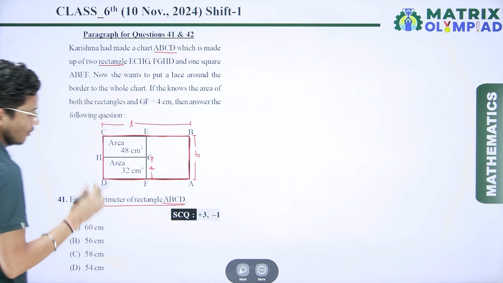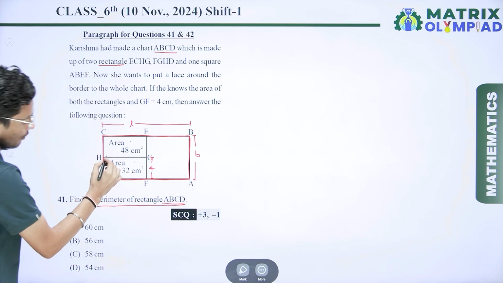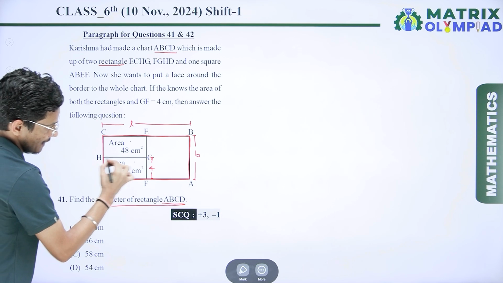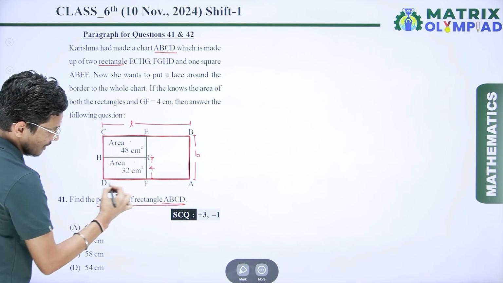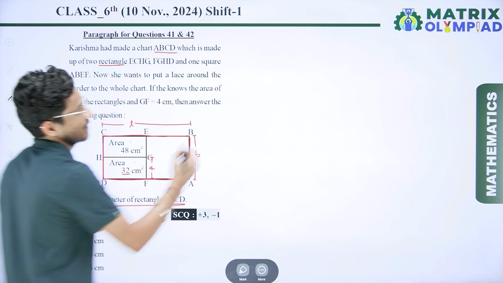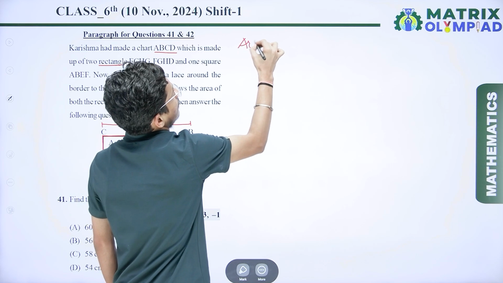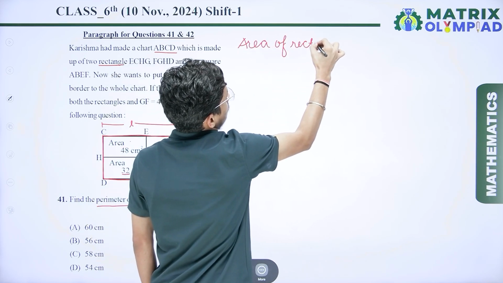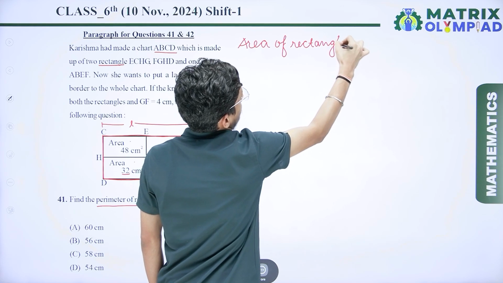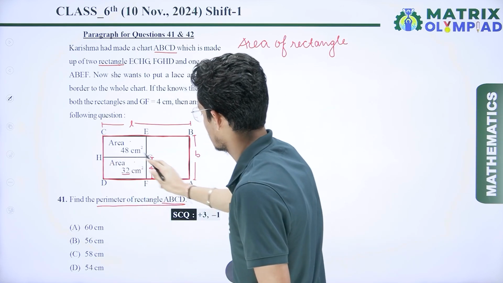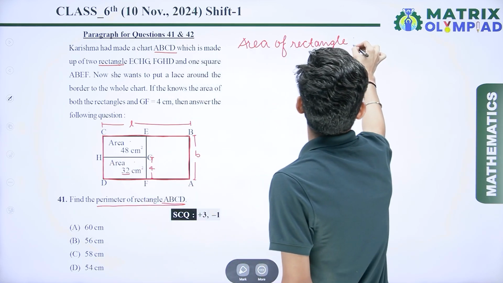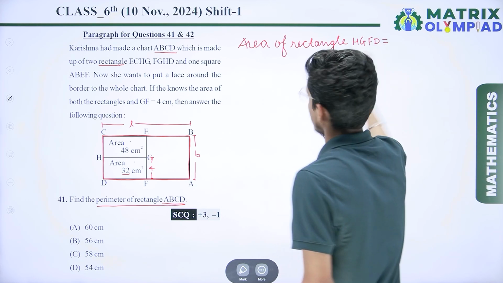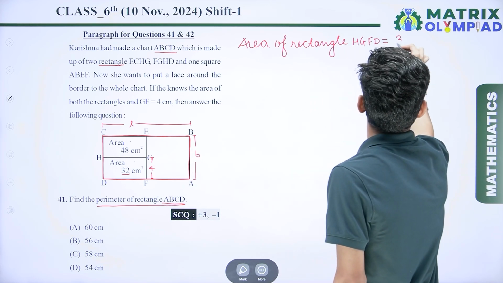Okay, so if I observe here, I know the area of rectangle HGFD is equal to, we have been given, 32. So I can write here area of rectangle HGFD is equal to, we have been given, 32 centimeters.